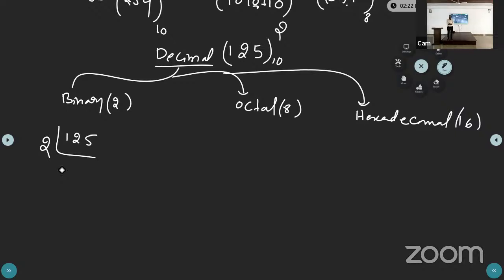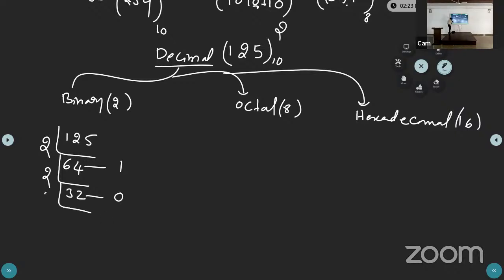In the division, if you get any remainders, write those remainders separately. Now divide 125 by 2, that gives 62. How much remainder do you get in this division? Write that remainder separately. Again 2 into 62 gives 31, the remainder is 0. Next 2 16s are 32, the remainder is 0.